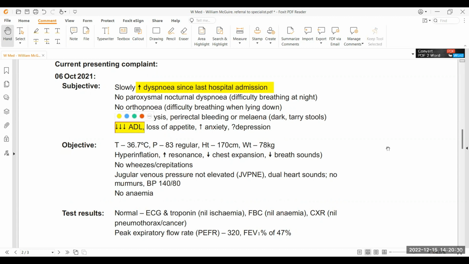Of course, we need to mention that he has lost appetite and has anxiety as well. I'm just thinking this is about ADL.